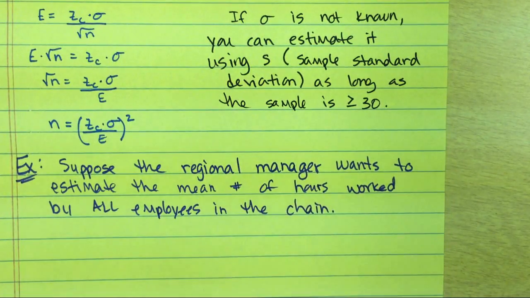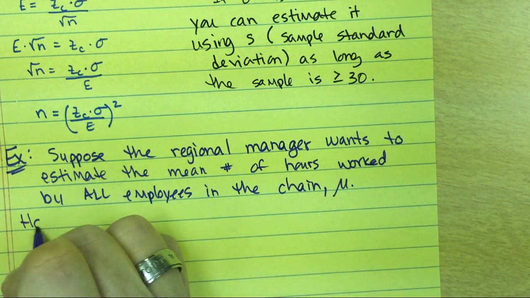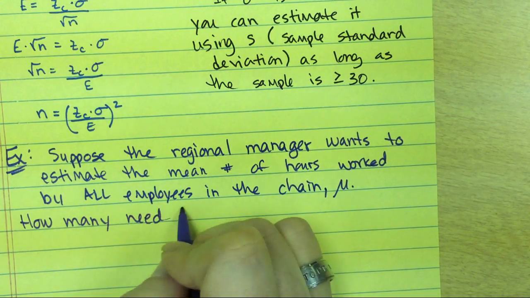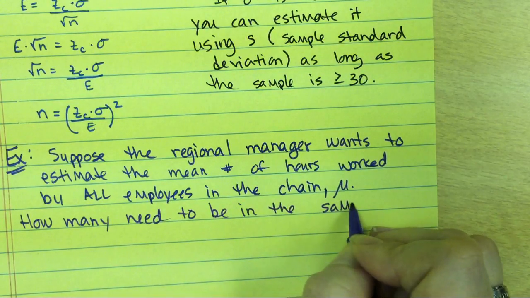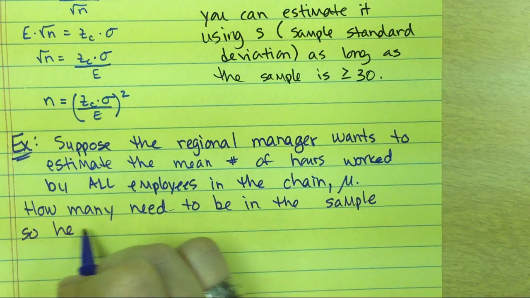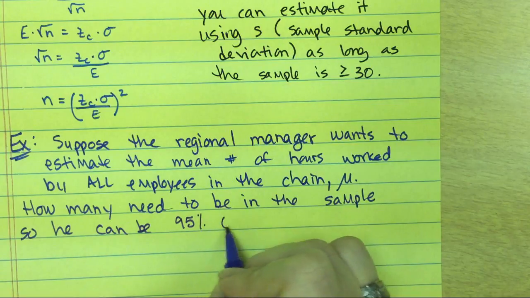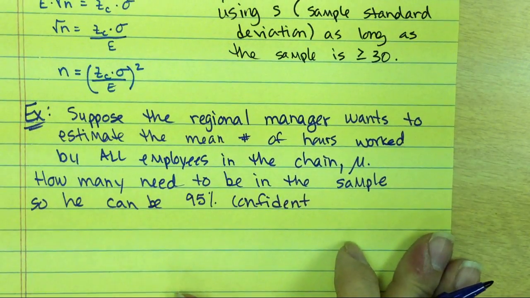So what the manager is estimating is mu. How many need to be in the sample so he or she can be 95% confident? So they're deciding the confidence level, the manager is.